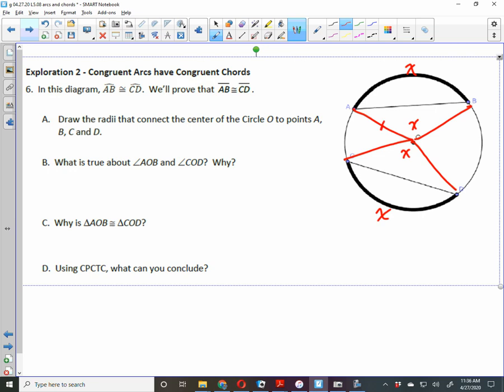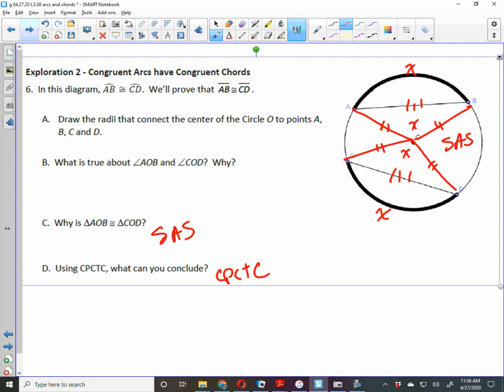We know these are isosceles triangles, and therefore by side angle side, those triangles are congruent. Therefore, we can conclude that these chords are congruent by CPCTC, side angle side, things like that.